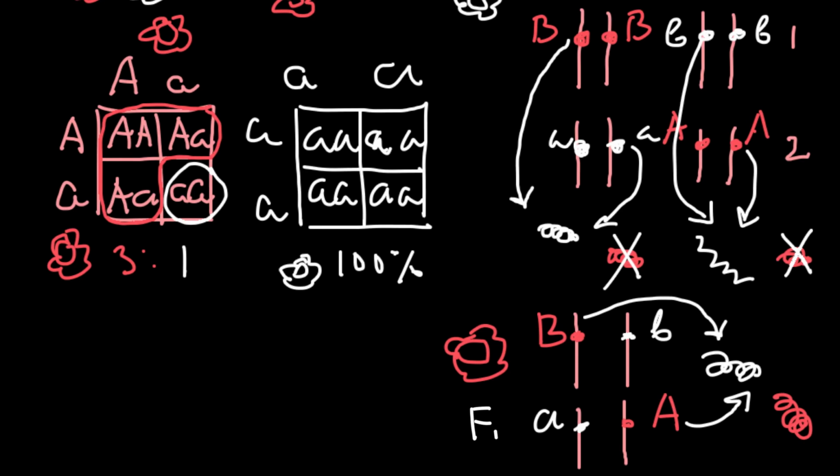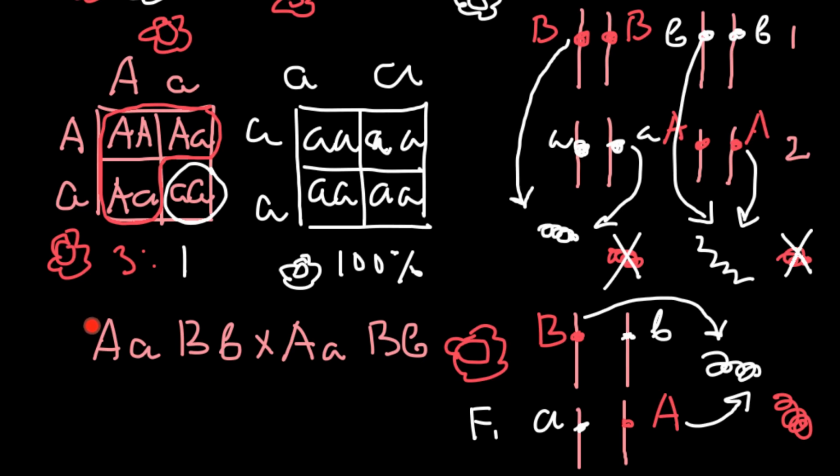If you want to know what would happen in F2 generation, we have to self-cross, or self-pollinate if it is a plant, and the genotype would be capital A, small a, capital B, small b in 100% of the F1 generation, and we have to cross with another of the same genotype, that is capital A, small a, and capital B, small b.